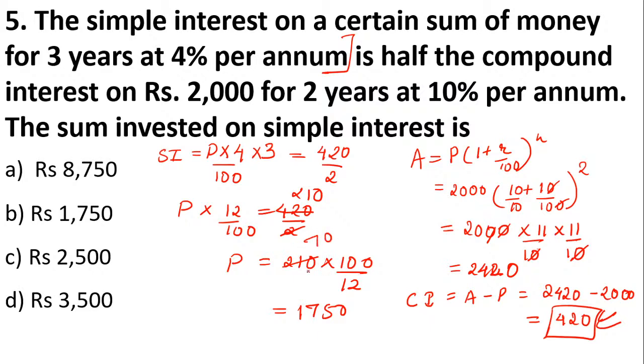If we divide it by 3, 3 into 4, again 4 1 and 4 25. So 25 into 70 is 1750. Okay, got it, students? 25 into 70 is 1750. I hope you guys got it. Okay, B is the right answer.